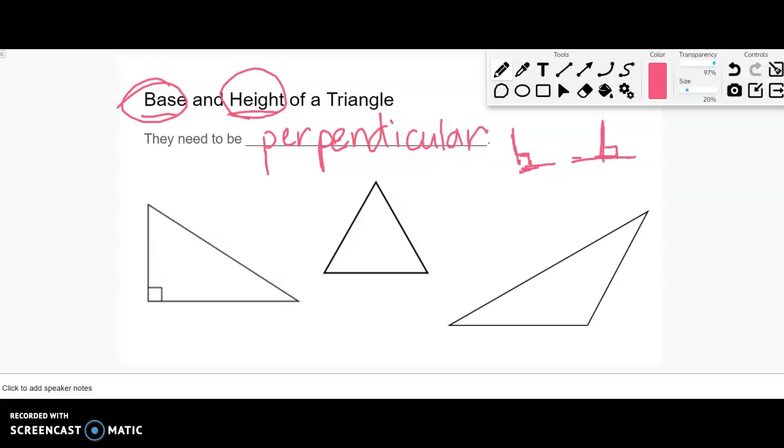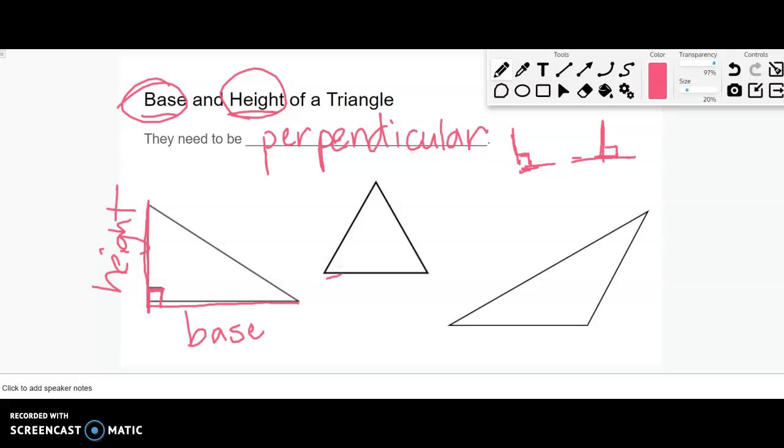For example, if I say that this is the base of this triangle, then I would say, okay, well, this one I can see is at a right angle, so that is the height. So it could be one of the other sides of the triangle.